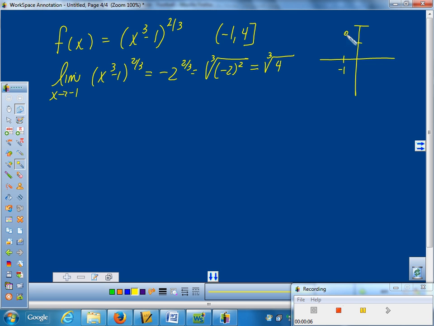Otherwise, what do I need to do? Find the critical points, yep. Which means chain rule. Times the derivative inside. Thank you. Got my power, thank you. Times 3x squared. The 3's will cancel.